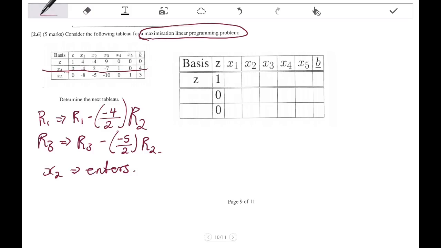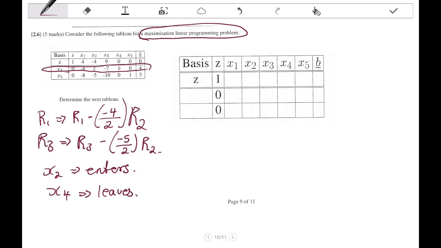Here is your pivot row. The basic variables are x4 and x5. For x4 and x5, look for the one that has a coefficient of 1 on the pivot row. In this case, x4 has a coefficient of 1. Therefore, x4 leaves.